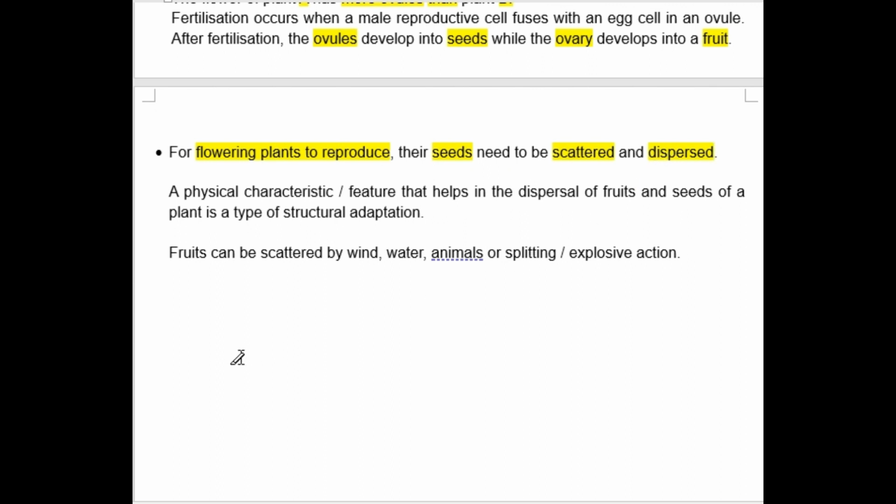A physical characteristic or feature that helps in the dispersal of fruits and seeds of a plant is a type of structural adaptation. Fruits can be scattered by wind, water, animals, or splitting or explosive action.